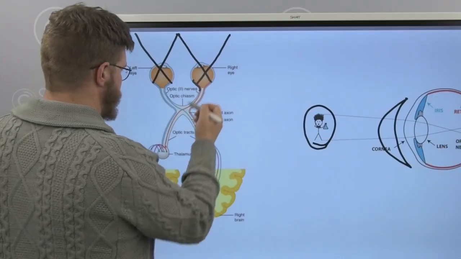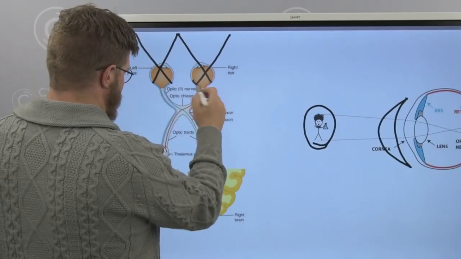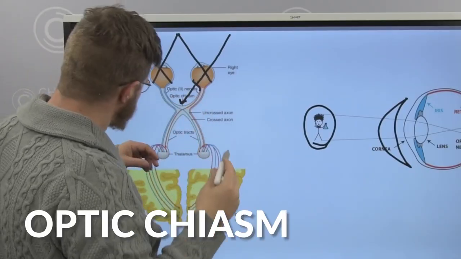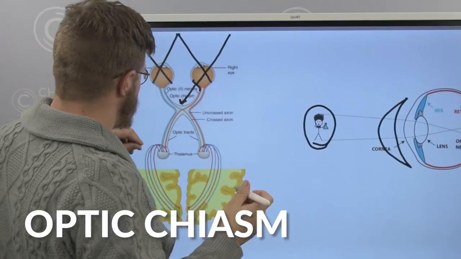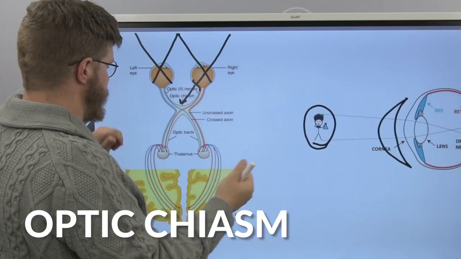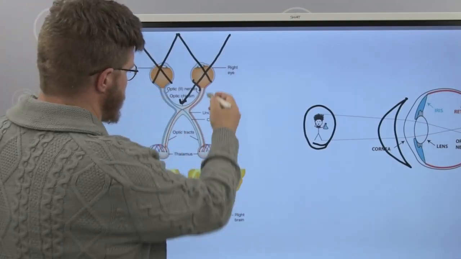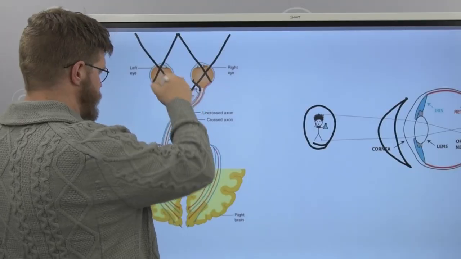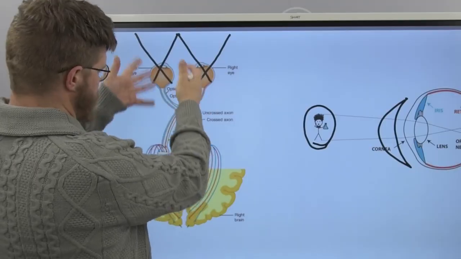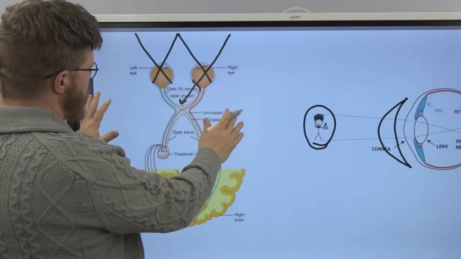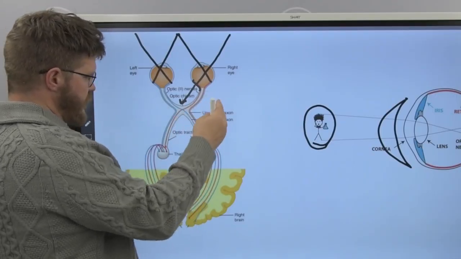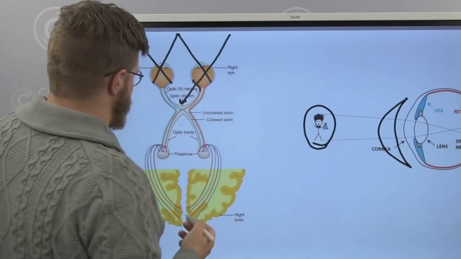to the visual cortex. So the first place that some magic happens is right here at the optic chiasm. What's happening there is now you're making the same side the same side. So this is just your right eye data being sent down. This is your left eye data being sent down. What's happening at the optic chiasm is it switches so that the right side brain data is on the right side, the left side brain data is on the left side.